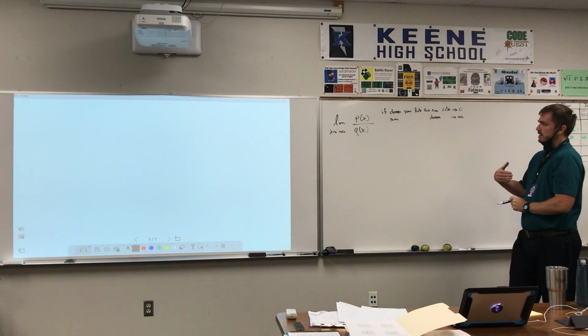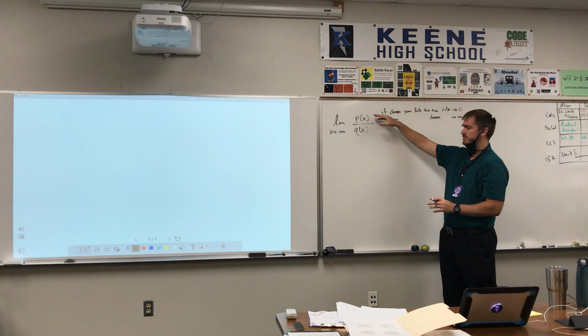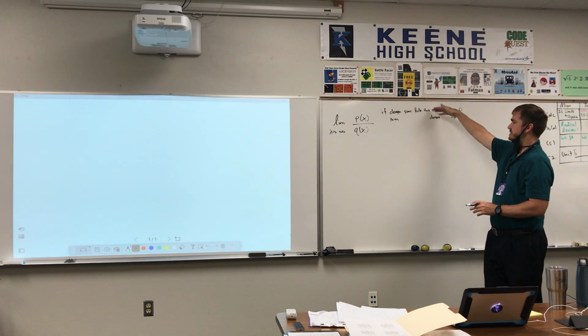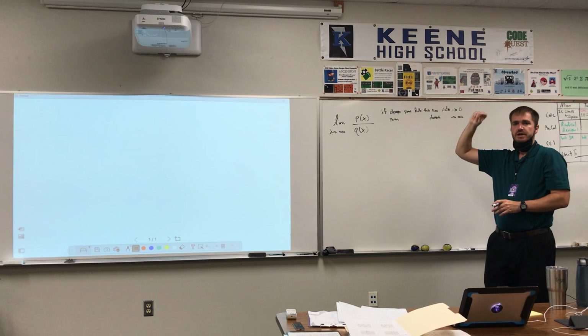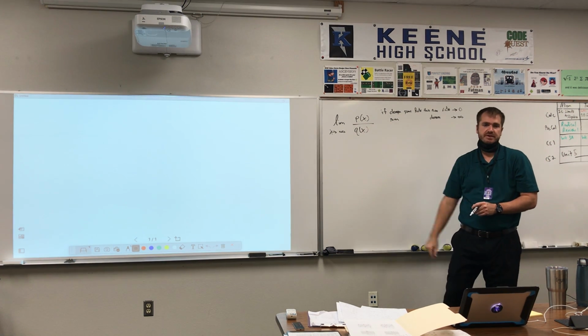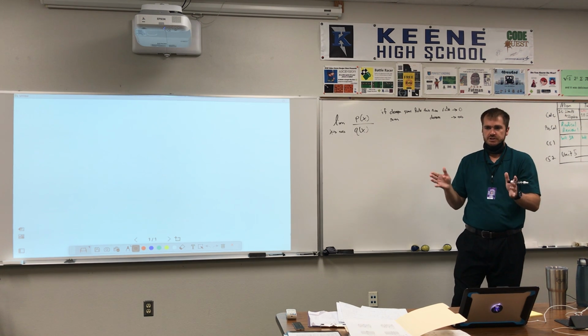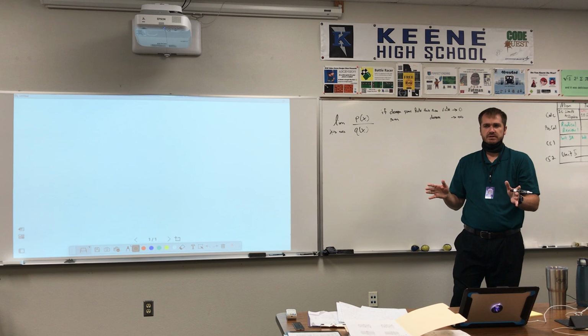So if you can figure out which one grows faster, and you can remember these two rules right here, then you can solve these problems literally within 5 seconds. No graph needed, no algebra needed, just straight calculus knowledge, okay?